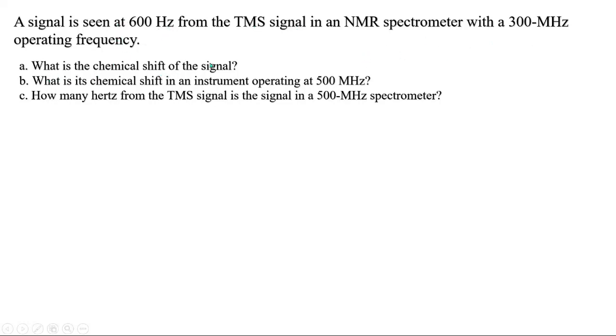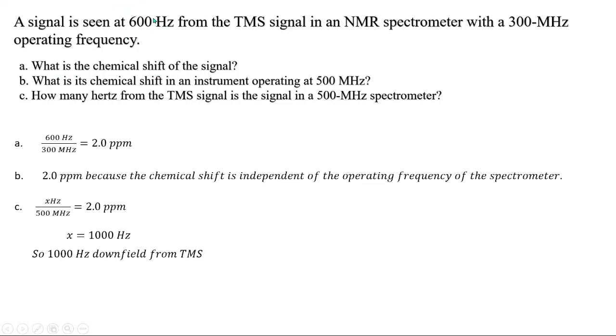So what is the chemical shift value? Because it is 600 hertz, that will be 2 ppm. The formula is very simple: hertz by megahertz gives ppm. So 600 hertz by 300 megahertz gives 2.0 ppm. Now come to the next question.